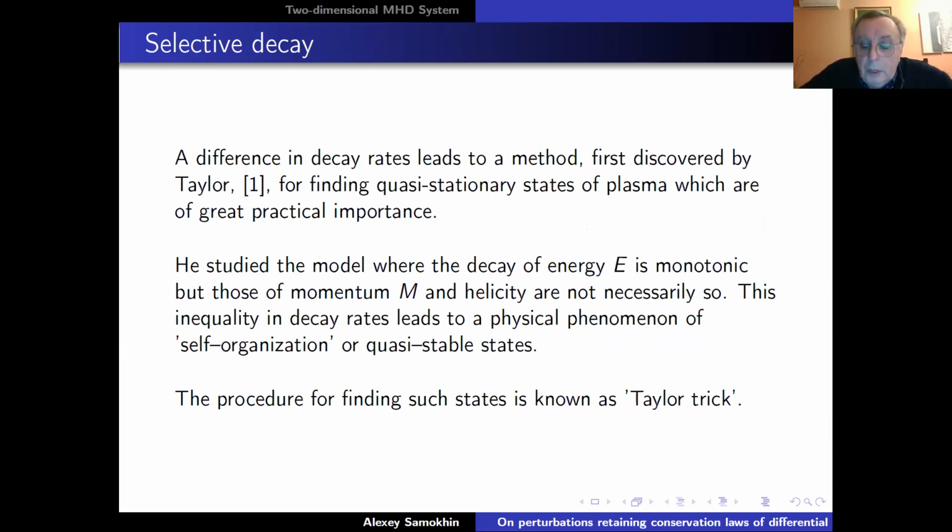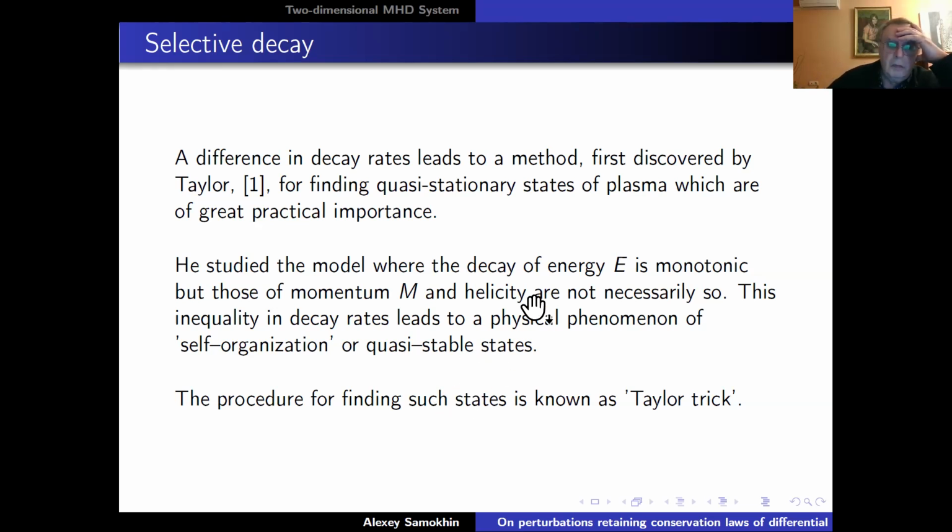The conserved quantities, as a norm, decay, that is, the velocity of decay is not zero. But these decay rates are individual for any quantity, and they may differ significantly.